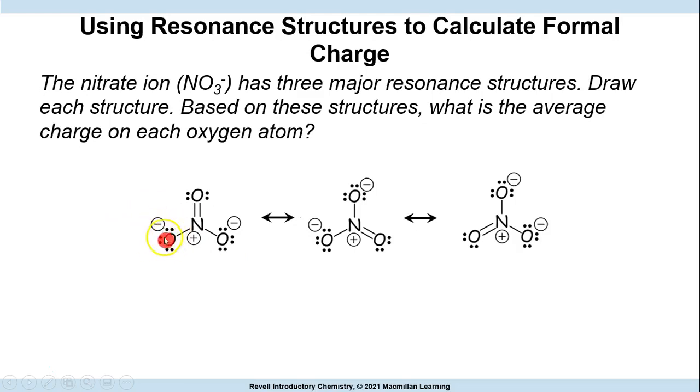The formal charge for this oxygen here is 6 minus 1 minus 6. That gives you -1. For the nitrogen here is 5 minus 4 minus 0. That gives you 1. For the oxygen here is 6 minus 1 minus 6. That gives you -1. And here is 6 minus 2 minus 4, that's 0.